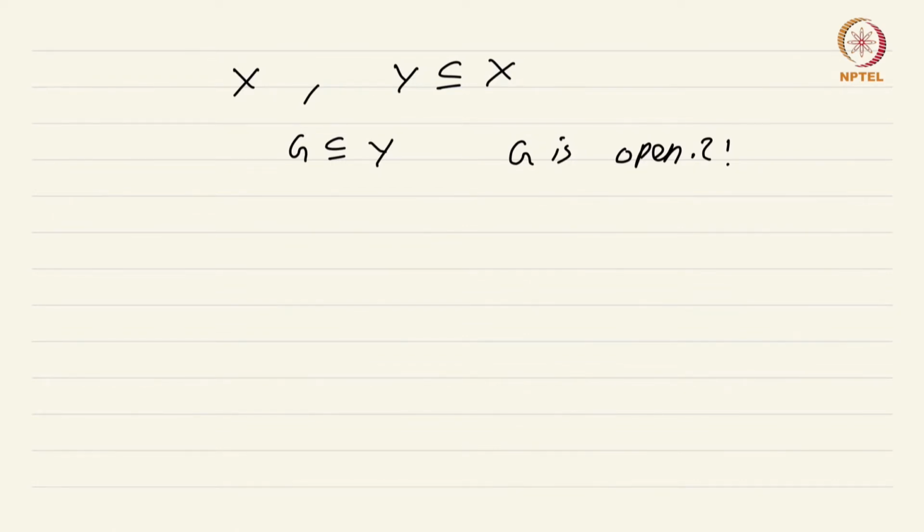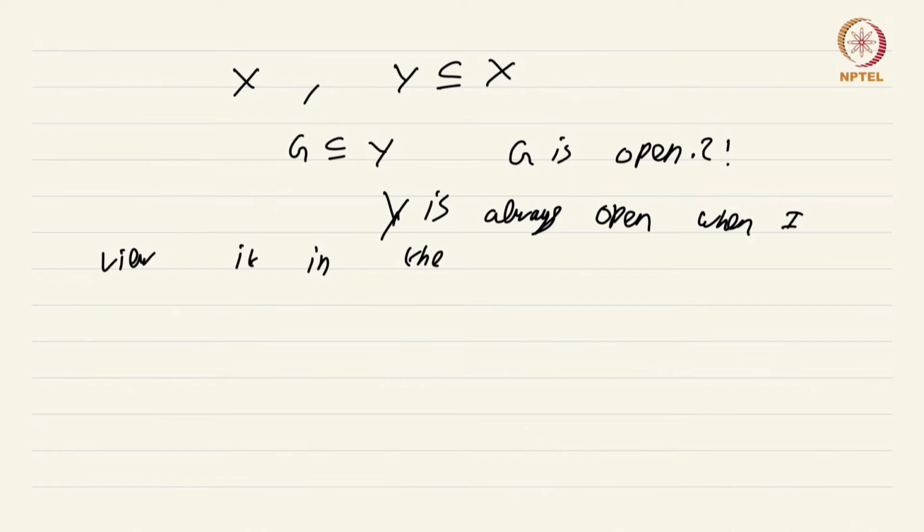To make this point that this is not a trivial statement, observe that this Y, if I treat it as a metric space in and of itself, is always open when I view it in the metric space Y. So this is somewhat tricky.